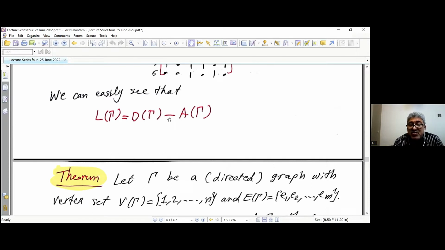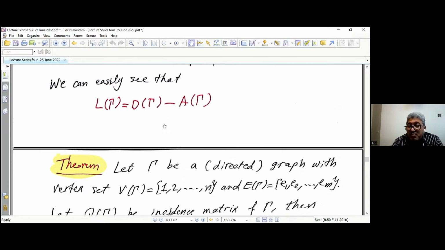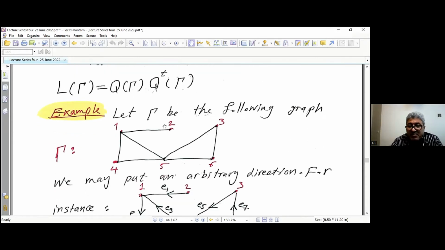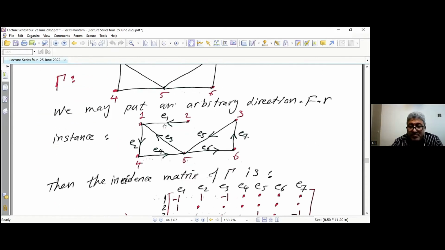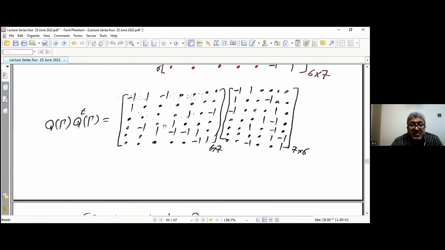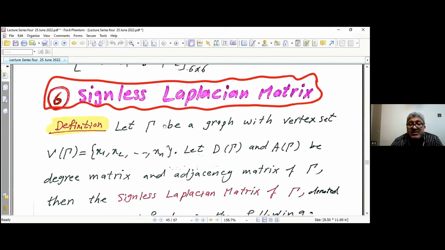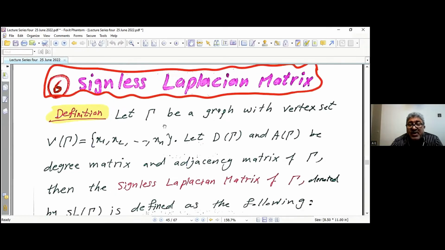If we replace minus by plus, then we get another matrix, which is the signless Laplacian matrix.